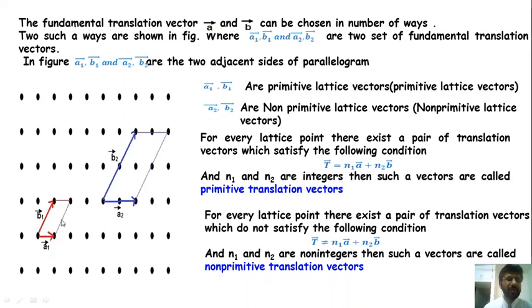That means all these lattice points are at the corners. These two fundamental translation vectors are known as the primitive lattice vectors.